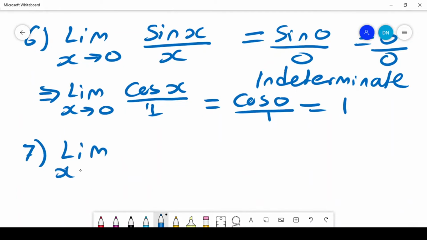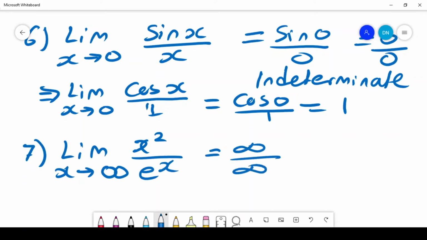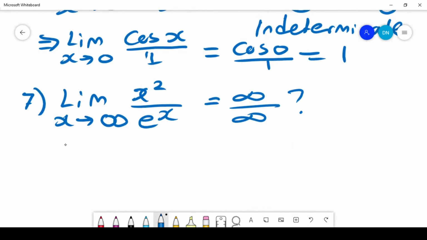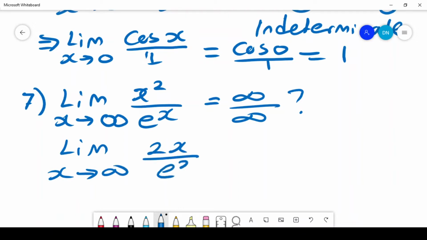There are so many other examples we can think about. We can think about this, where, for example, I have, let me say, infinity. So if I substitute this again, it will be infinity over infinity, and infinity over infinity is not known. So what we do is we go through L'Hopital's rule again, and it basically means we need to differentiate 2x squared, which gives us 2x, and e to the x again remains as e to the x.